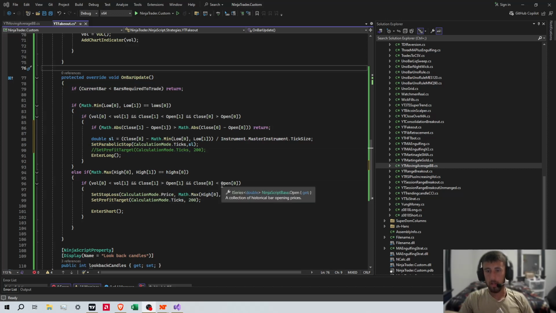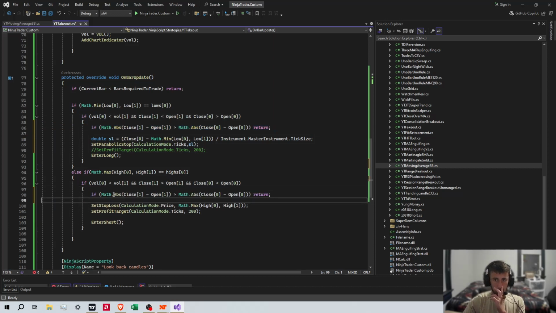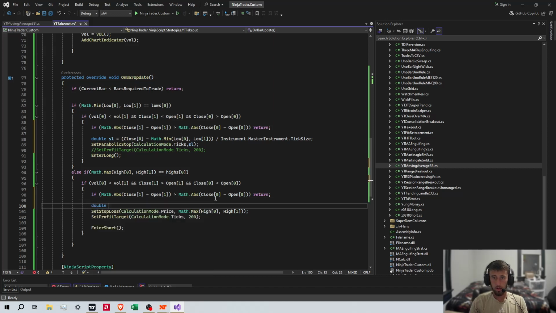Now we just got to do the same for the sells. So we can just copy this, because we're just getting the size by using that absolute value. And then we need to create our stop loss again.